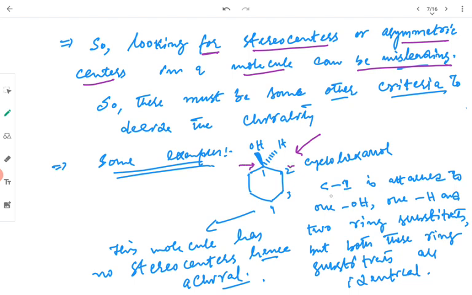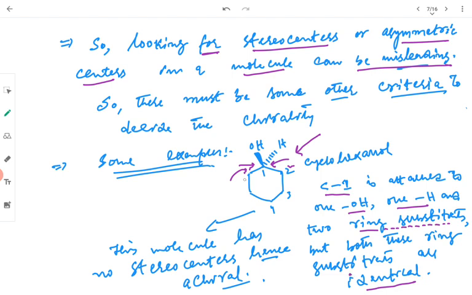Carbon 1 is attached to one OH and one H group, and two ring substituents. This is one ring substituent attached to it, this is another ring substituent attached to it. But these two ring substituents are identical, they are not different.